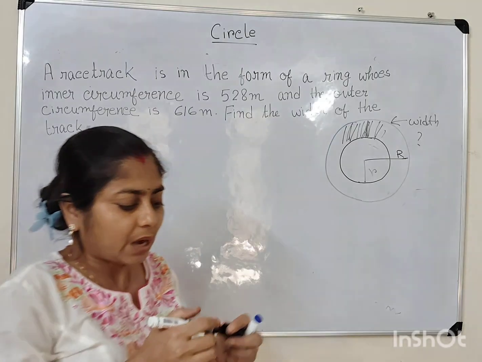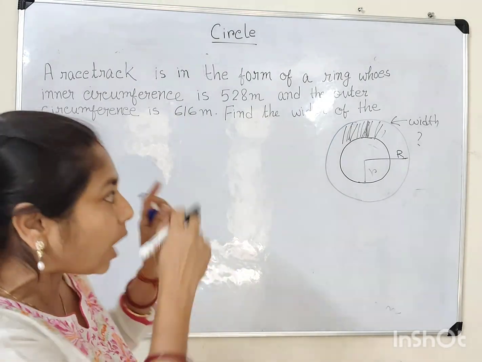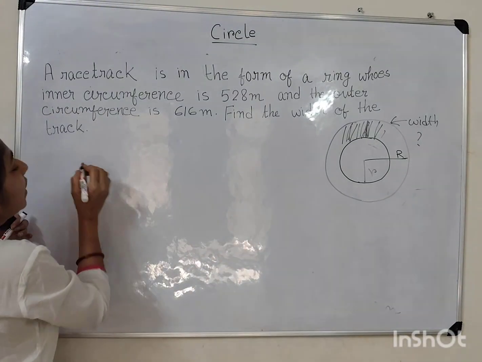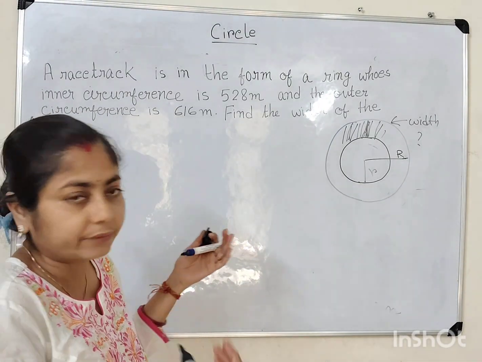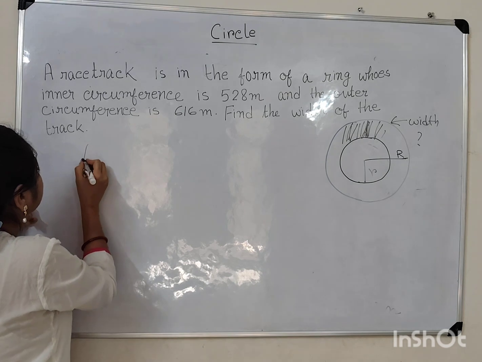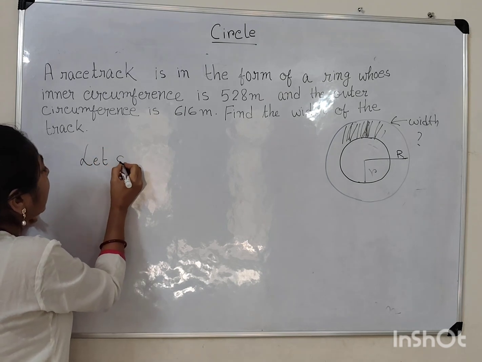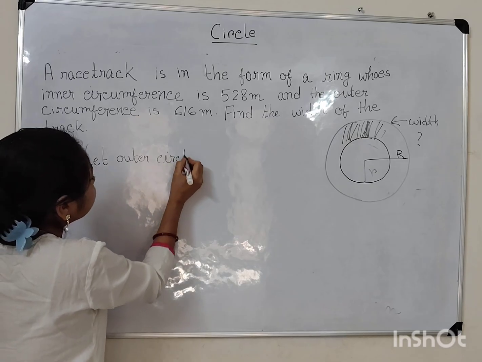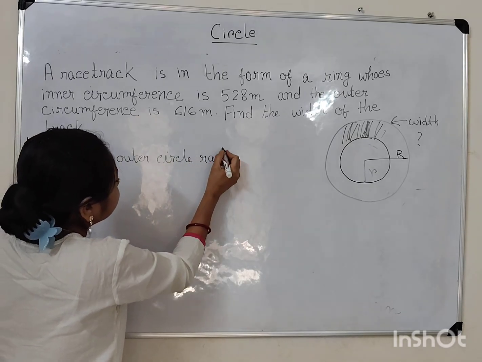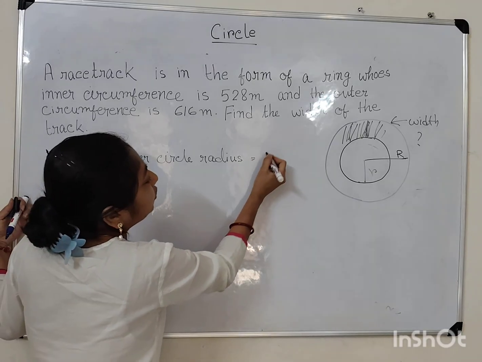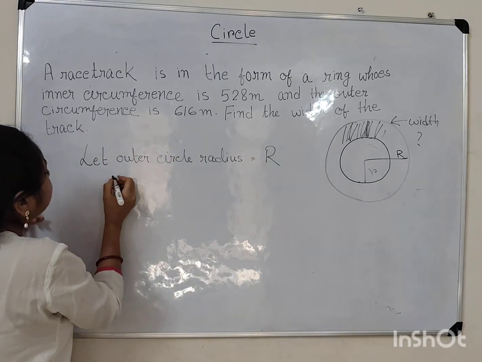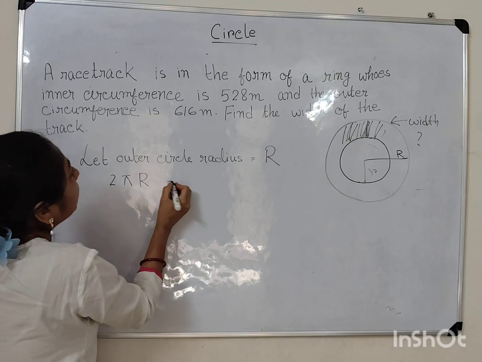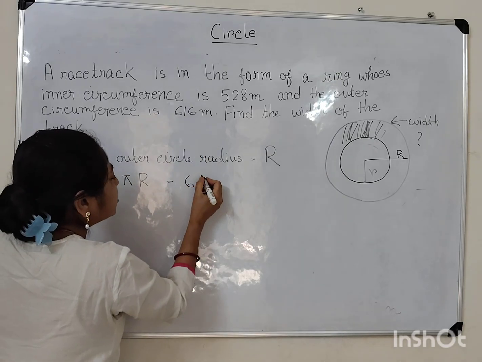So how can I do it? First I find out the outer circle radius. And we know the circumference. So we just write, let outer circle radius equal to R. Then 2 pi capital R equal to what's the value? 616.